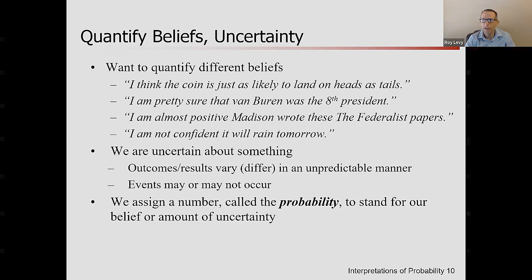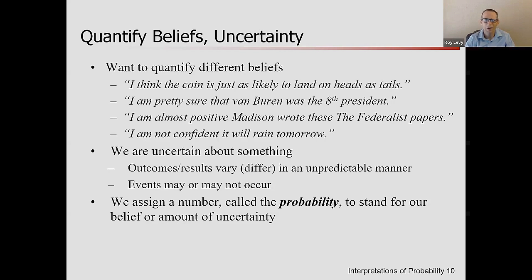We have beliefs like, I think the coin is just as likely to land on heads as tails when I flip it. Or, I'm pretty sure that Martin Van Buren was the 8th president of the United States. Or, I am almost positive that James Madison was the person that wrote these essays of the Federalist Papers.